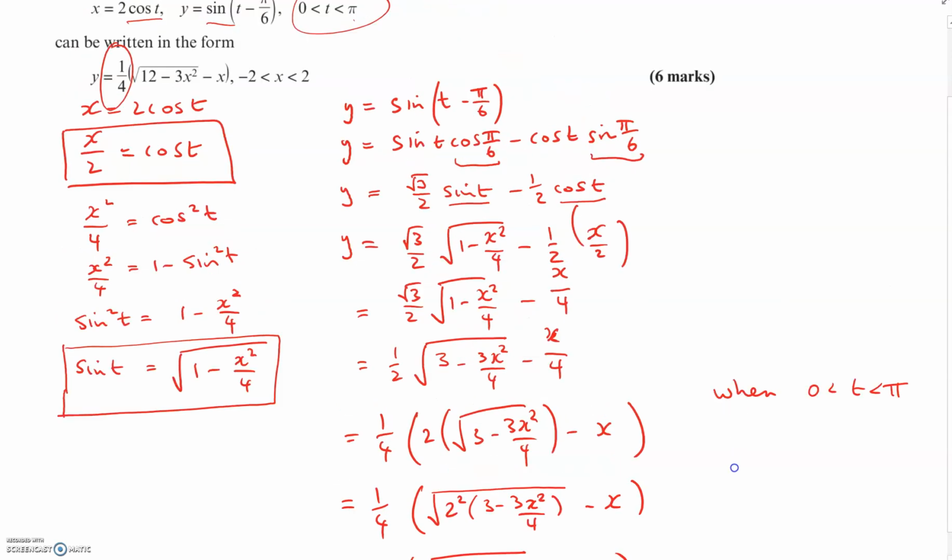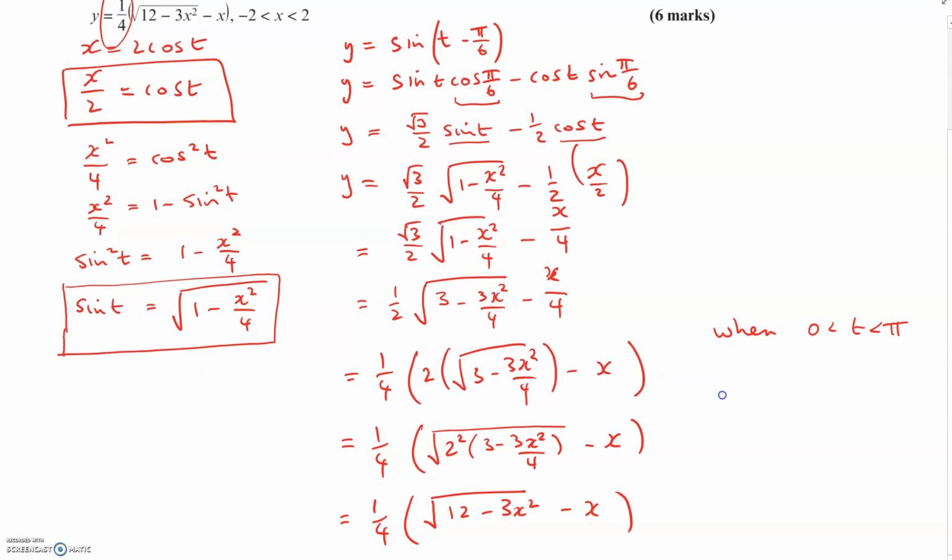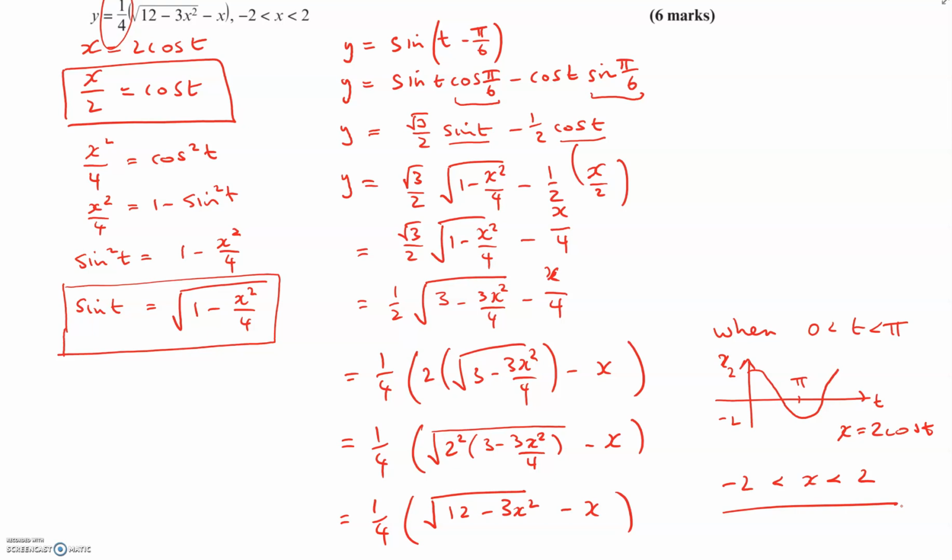Well, x is 2 cos t, and as we hit pi, we're going to go between 2 and minus 2. So that's going to be your domain. Okay, that's question 9. I'll do another video on some more of the harder questions in a bit.